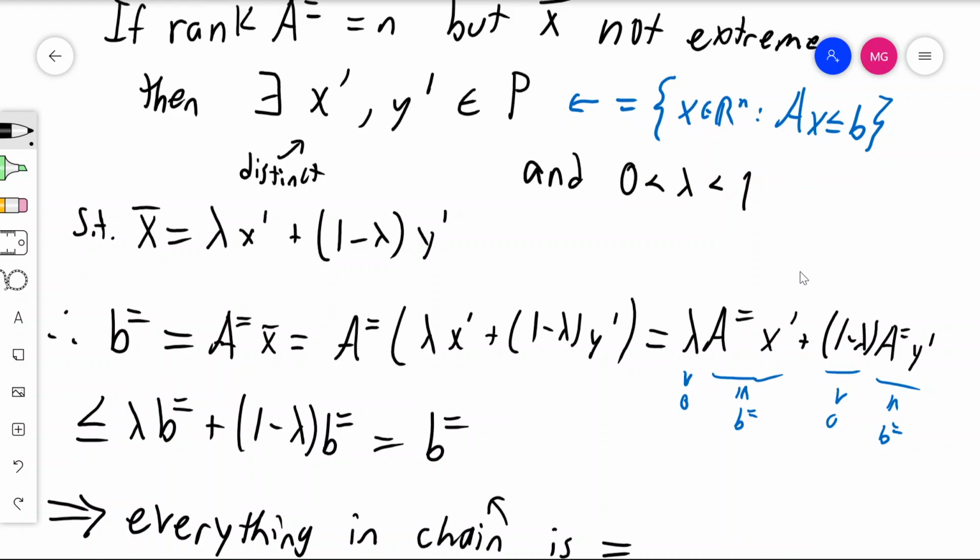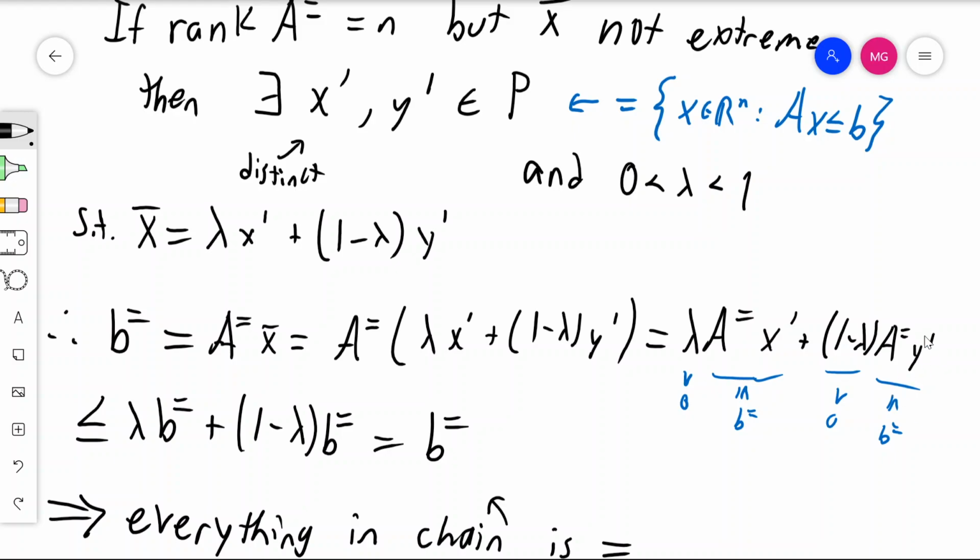So A times x prime is less than or equal to B. So in particular then, A equality is just a submatrix that corresponds to just the constraints that are tight for x bar. Now x prime is not the same thing as x bar, but nonetheless, A equality corresponds to some of the constraints. And we know that x prime satisfies that it's less than or equal to B for all constraints. So in particular, for the tight constraints for x bar, we know that A equality times x prime is less than or equal to the corresponding right-hand sides, which is the B equality components. So that's why that's true.